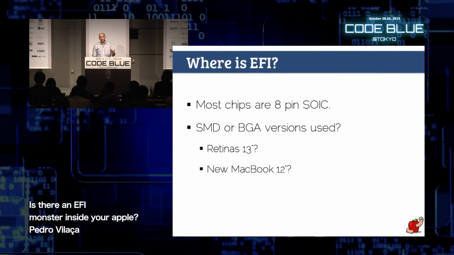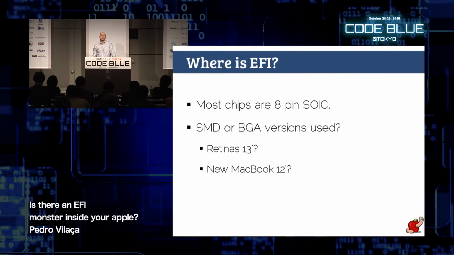An important detail for us. Most of the chips are 8-pin SOIC, which is the format in that picture. But new machines are starting to use SMD or BGA. BGA is with the small pins on the underside.